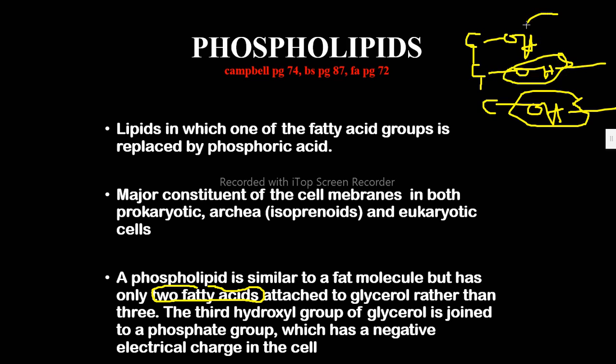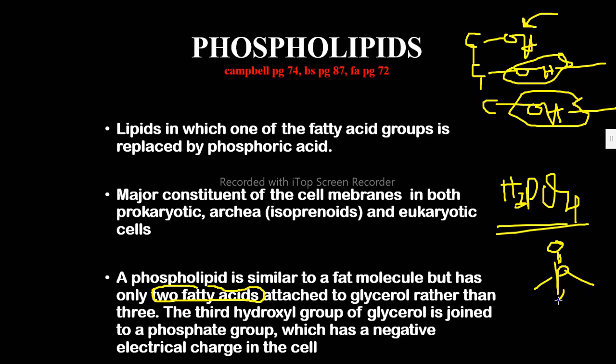And then the third, instead of bonding with a fatty acid, will bond with phosphoric acid. This is phosphoric acid, H3PO4. Structure, we can draw this. You have O here, and then the rest are OHs.